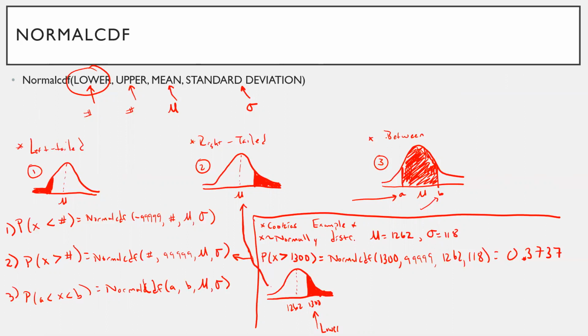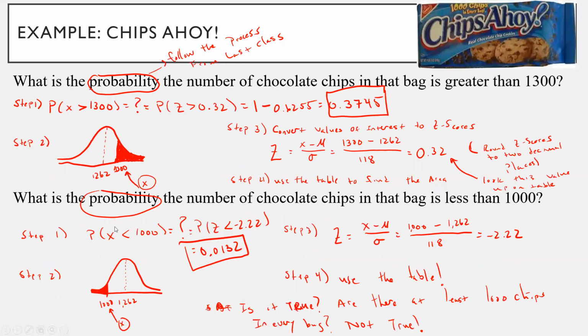All right, just before the break, let's do one more cookie example. The other question was, what's the probability that the number of chips was less than 1,000? And we got 0.0132.